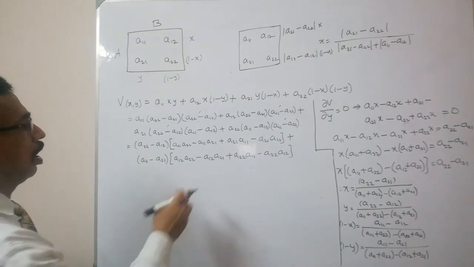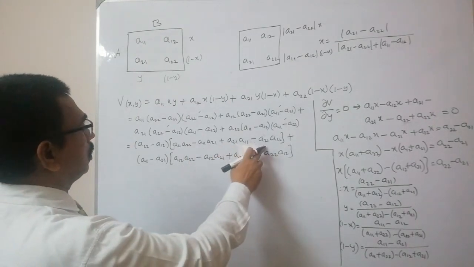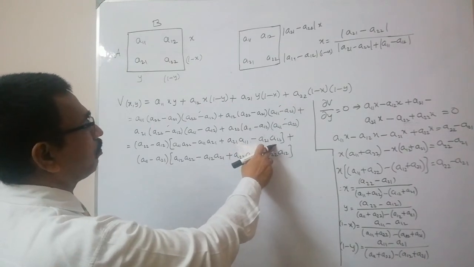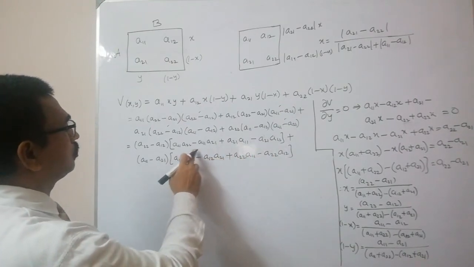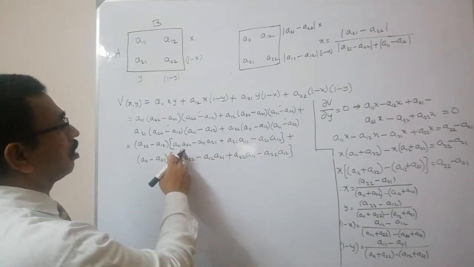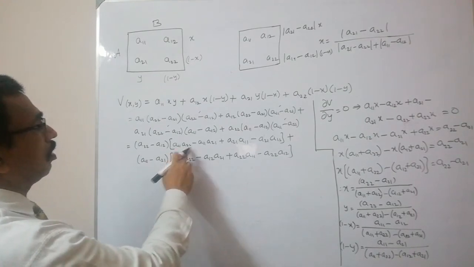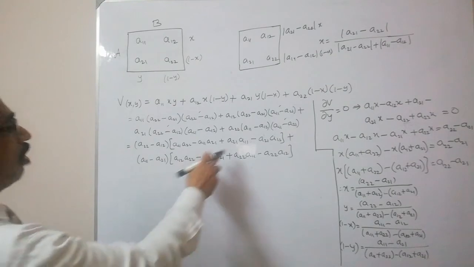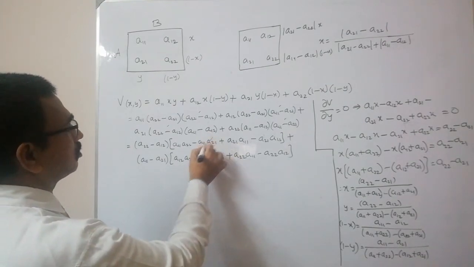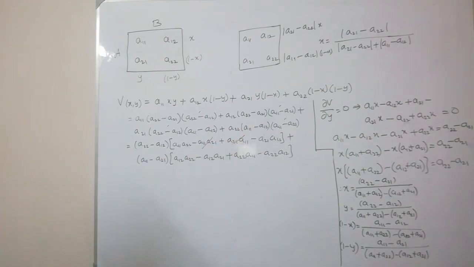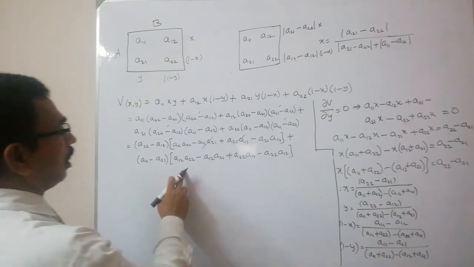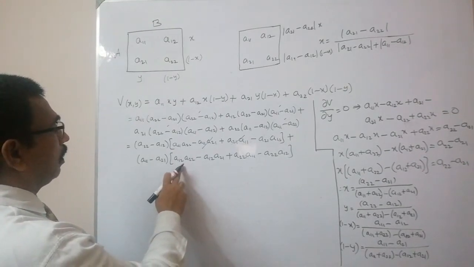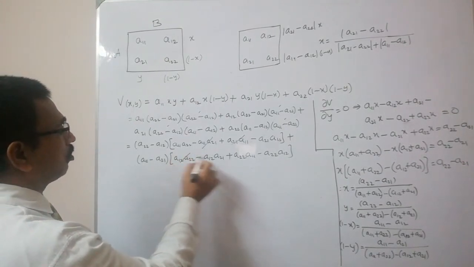Now a21 a12 or a11 into a21, these two terms get cancelled, and here a22 a12, these two terms get cancelled.